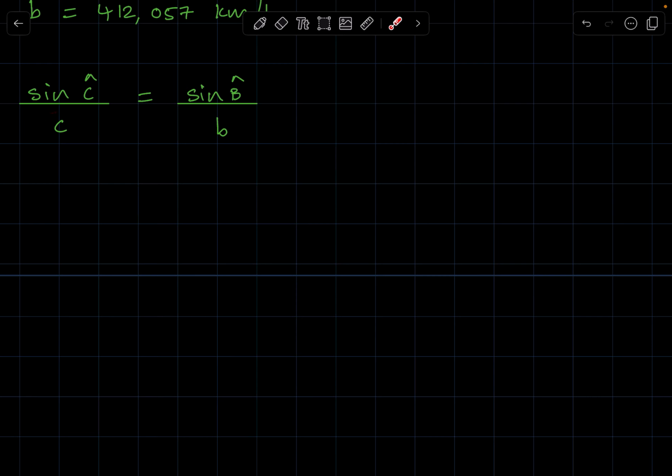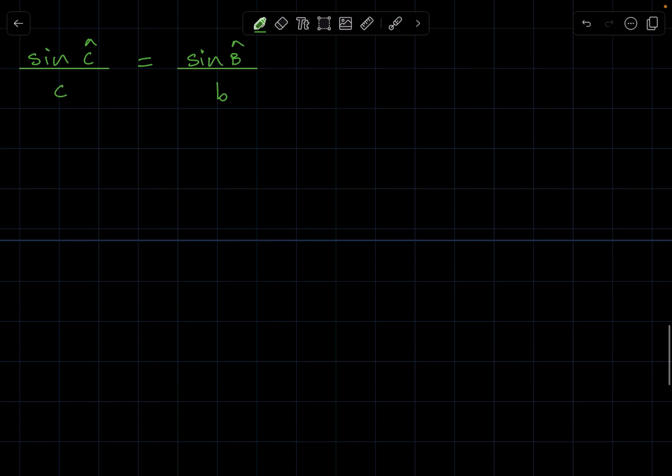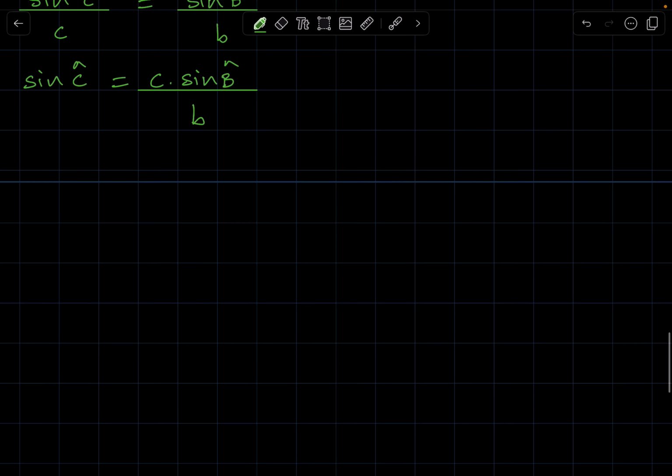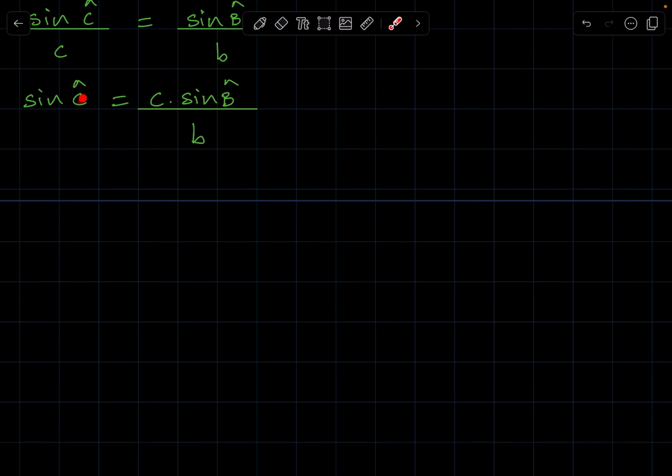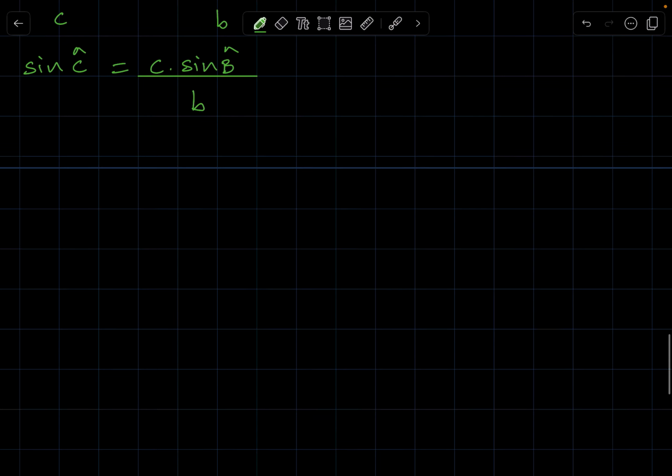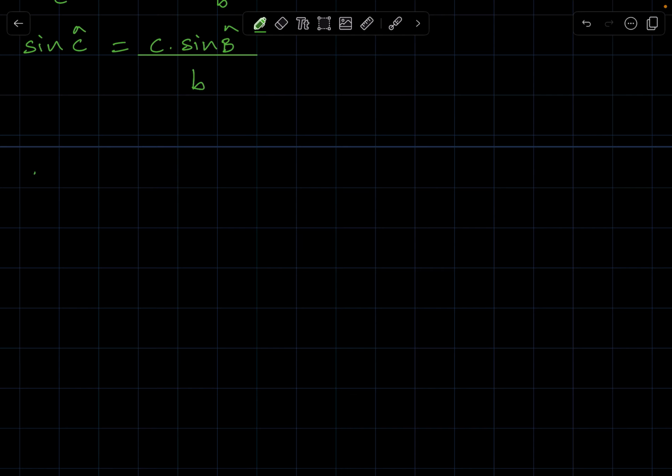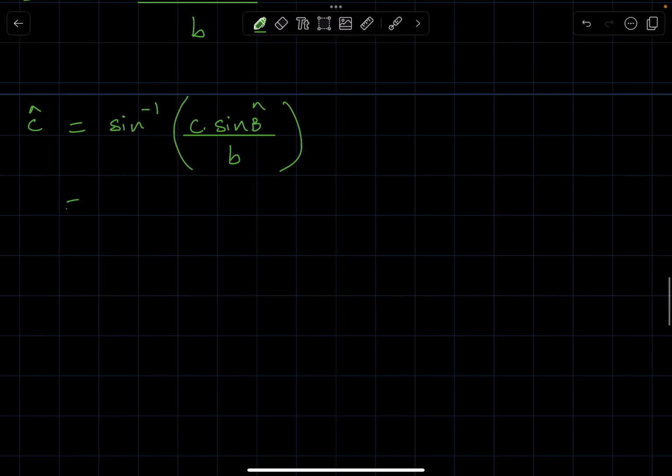To make sure that we are left with sine C, you get rid of C by multiplying both sides by C. And then you'll be left with sine C equal to C times sine B divided by side B. And then of course we are looking for angle C, so to have C as our subject, angle C will be equal to the arc sine of side C times sine B divided by side B. This is exactly what we are looking for.